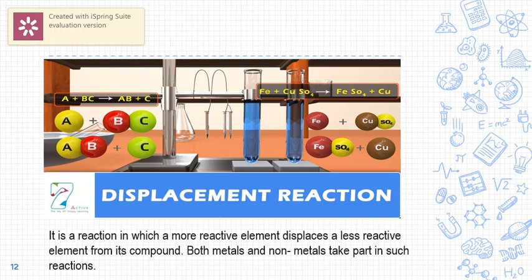On the other side of the test tube you can see shining reddish brown copper formed. This indicates that iron has displaced the copper because iron is more reactive than copper.